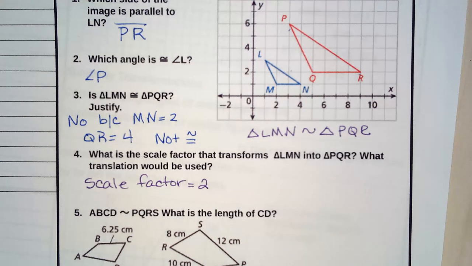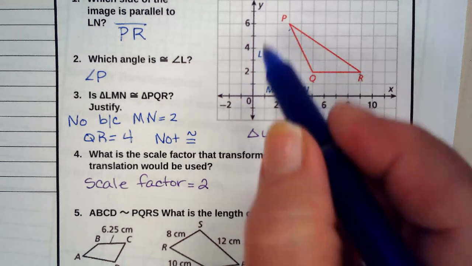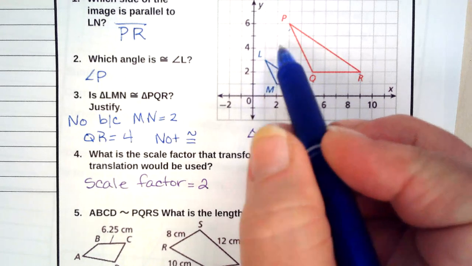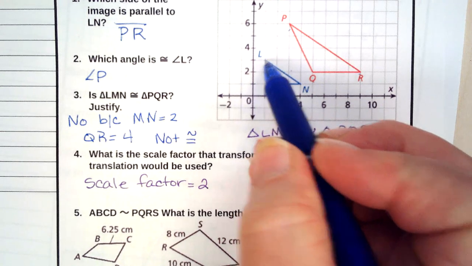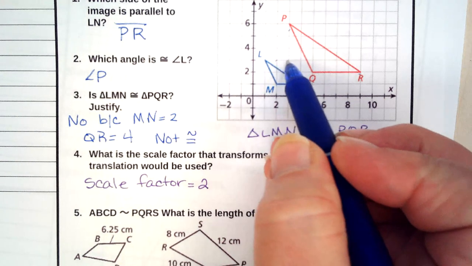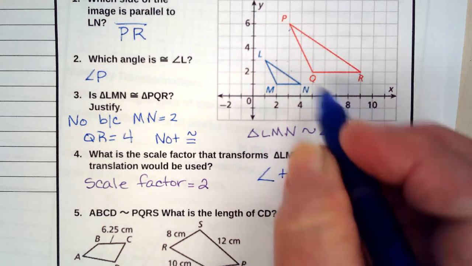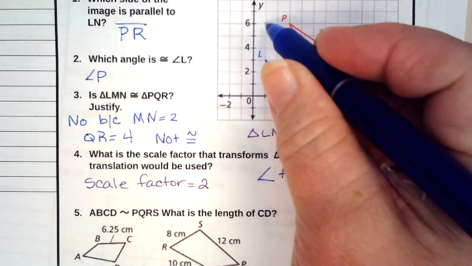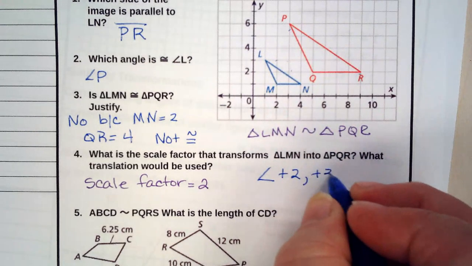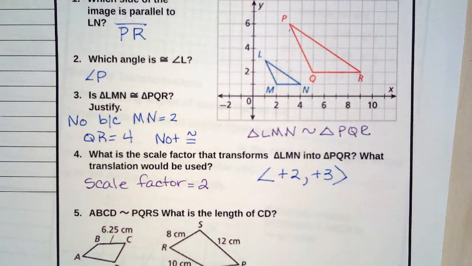Okay, how do we translate it? If I look at L, I go right 1, 2. So this would be plus 2. And then I go up 1, 2, 3. And that is my vector.